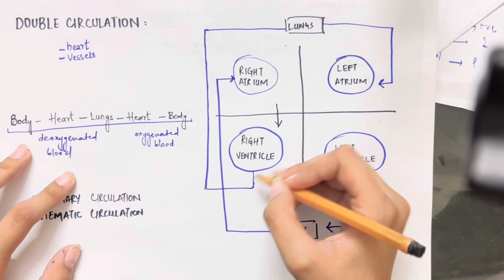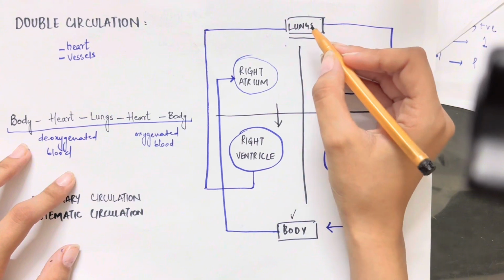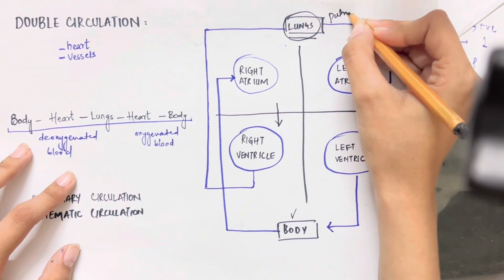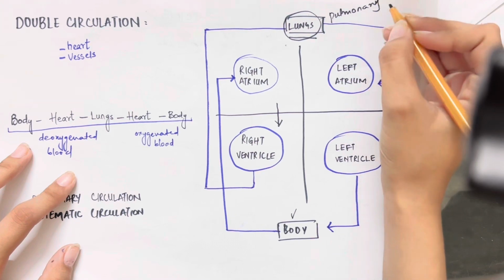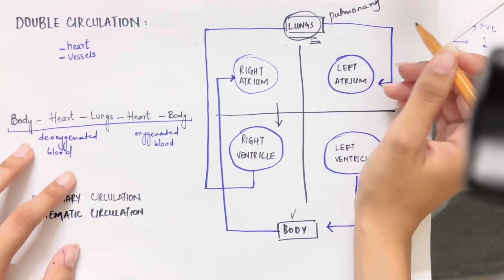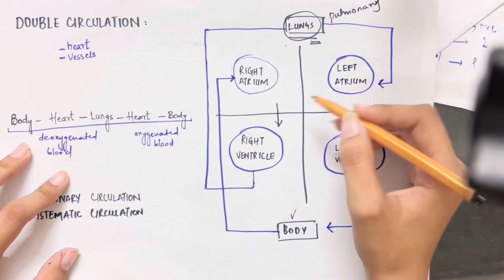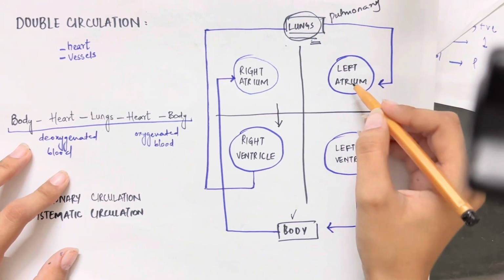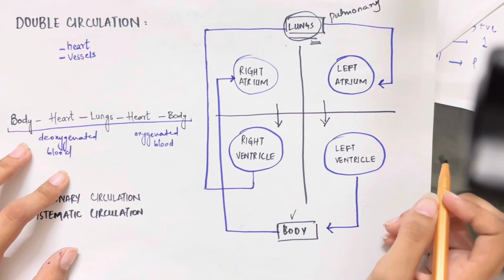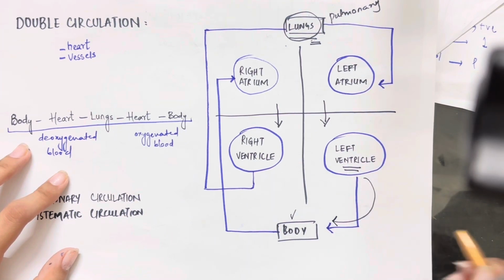From the right ventricle, the deoxygenated blood is transferred to the lungs. Whenever the lungs are included in any type of circulation, we term it the pulmonary circulation, where the blood becomes oxygenated. Once the blood is oxygenated, it is transferred towards the left atrium, the other left chamber of the heart. Whenever the left atrium contracts, the blood is transported into the left ventricle, and from the left ventricle it is transferred to the entire body.